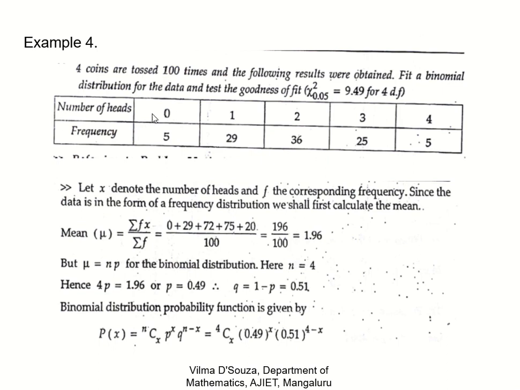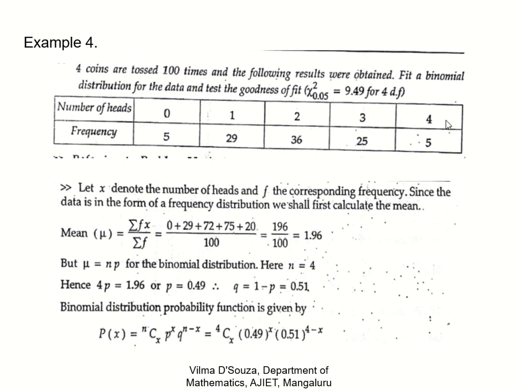So what is the problem? 4 coins are tossed 100 times and the following results were obtained. When you toss the coins 100 times, number of heads 0, number of times is 5. 1 head, number of times is 29.